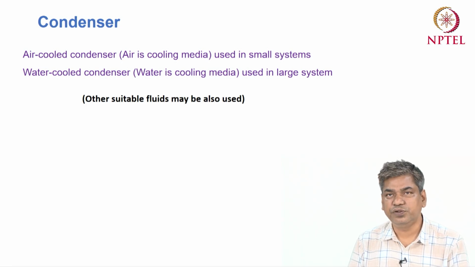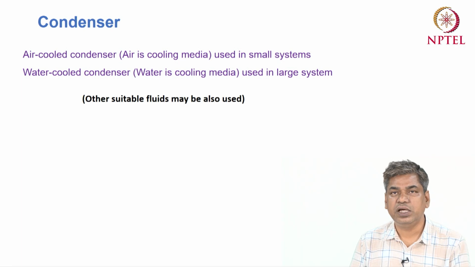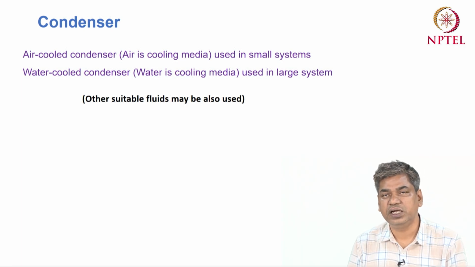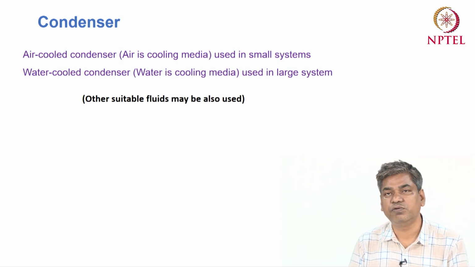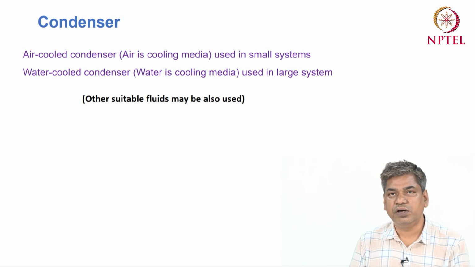large systems. For the water cooled condenser, we need some water reservoir or water resources. We can use ocean water as the cooling media, or river water, or if you have no water resources, then we can use a spray pond or cooling tower to cool down the water, and we can reuse that water for cooling the condenser.